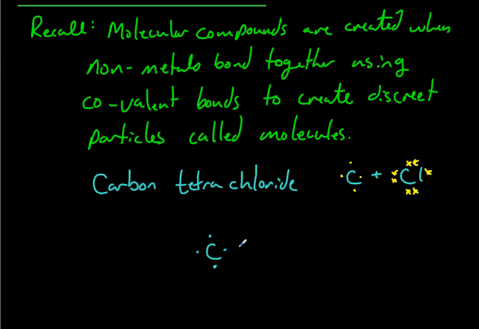So if you look, it should probably almost be obvious that what's going to happen here is you're going to get 4 chlorines orientating themselves around the carbon, right? Such that they end up with this shared pair of electrons, okay? Now this is going to get a little bit cramped, okay?